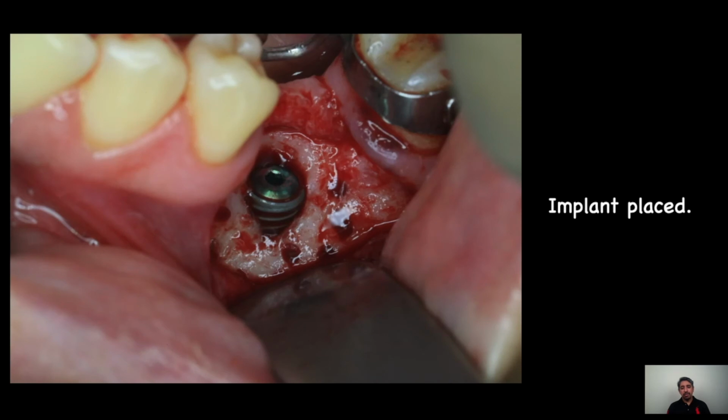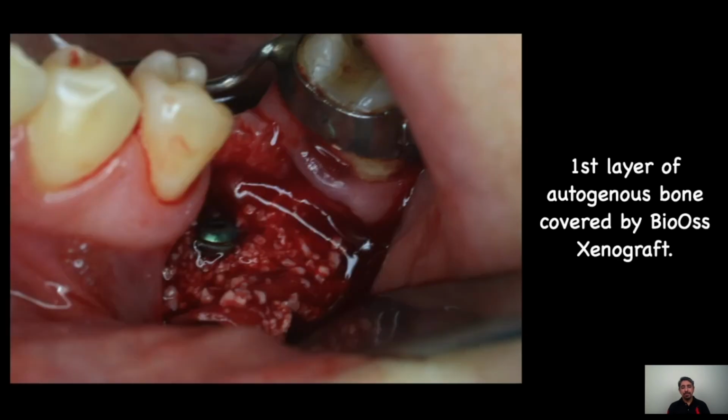A little decortication was done to maintain a good blood supply for the graft. Some amount of autogenous bone was harvested from around this site using a bone scraper, and that autogenous bone was put as the first layer on the implant, and this was then covered by the BioOS bovine xenograft.